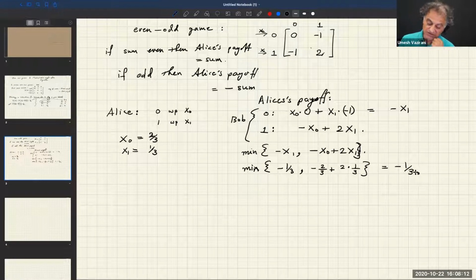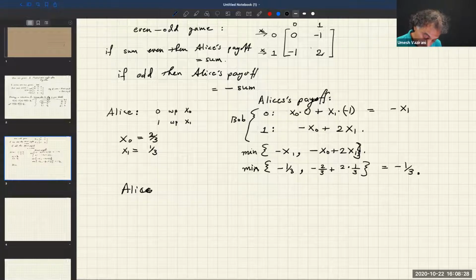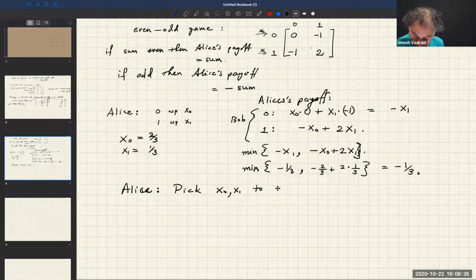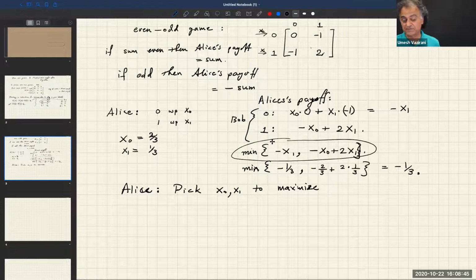So what does she want to do? She knows that Bob's strategy is to take the minimum of these two things. So now Alice wants to pick x0, x1 to maximize this quantity. This is what she is going to win.